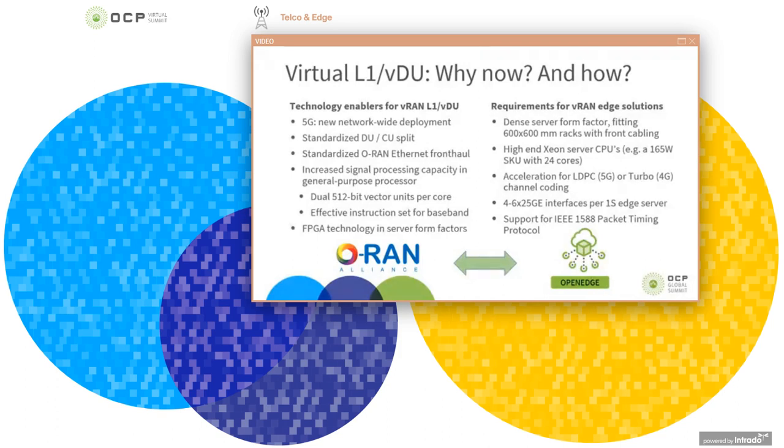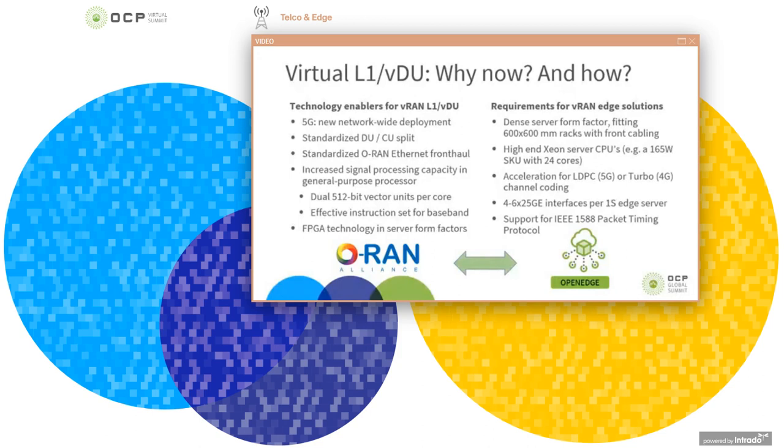Then, what are the typical requirements for virtual layer 1 edge solutions? Firstly, servers have to fit into small shelters, typically maximum 600mm deep racks with front cabling. Secondly, solutions should fit high-end Xeon SP processors for maximal baseband capacity and pooling gains. And there should be acceleration for FEC to maximize cell density and support higher carrier bandwidths.